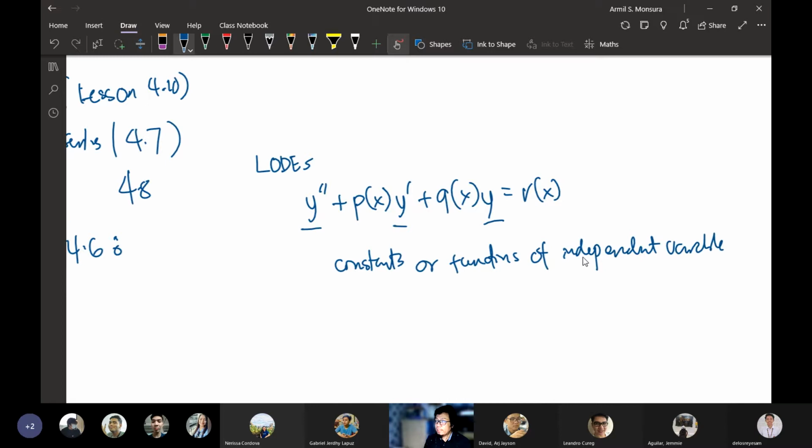Okay? Dahil kapag yung coefficient nilang ito at saka ito are function na siya ng dependent variable, say for example, nagkaroon ng y dyan, then this equation will not be linear. Okay? This will be a non-linear equation. So that is why naka-concentrate pa rin tayo dito.